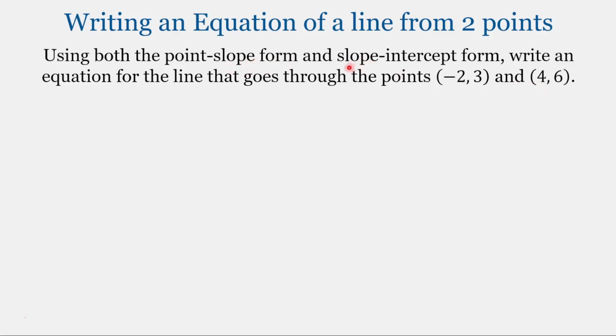you're going to need to find the slope of that line. So let's start by finding the slope. So the slope, well, that's equal to the change in y, so y sub 2 minus y sub 1, all over the change in x, x sub 2 minus x sub 1.